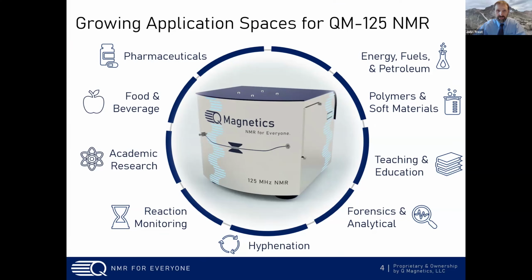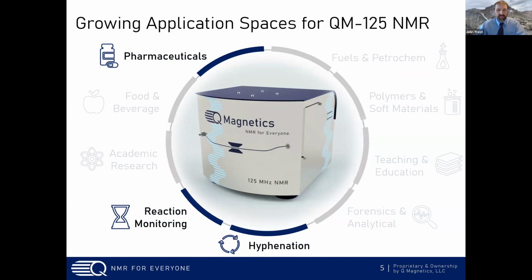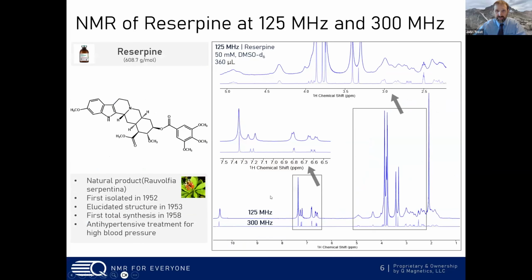A few that we're going to focus on today are some pharmaceutical applications, reaction monitoring, and hyphenation. But we've worked with everything from food, beverage, flavors, fragrances to fuels, petrochem, nuclear chemistry, renewable energy, polymers, analytical and forensic science, pretty much anything under the sun.